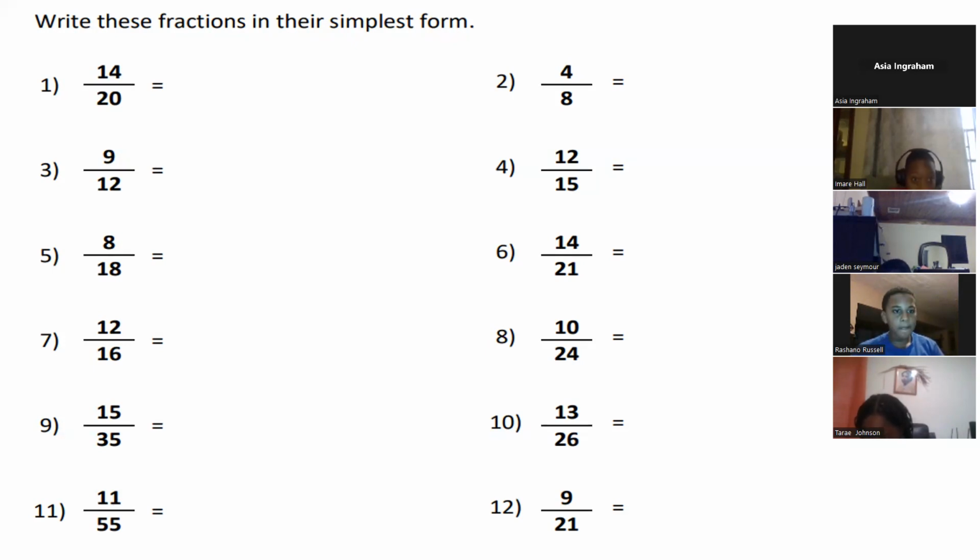All right, say your 7 timetables. 7 ones are 7, 7 twos are 14, 7 threes are 21, 7 fours are 28, 7 fives are 35, 7 sixes are 42, 7 sevens are 49, 7 eights are 56, 7 nines are 63, 7 tens are 70, 7 elevens are 77, and 7 twelves are 84.